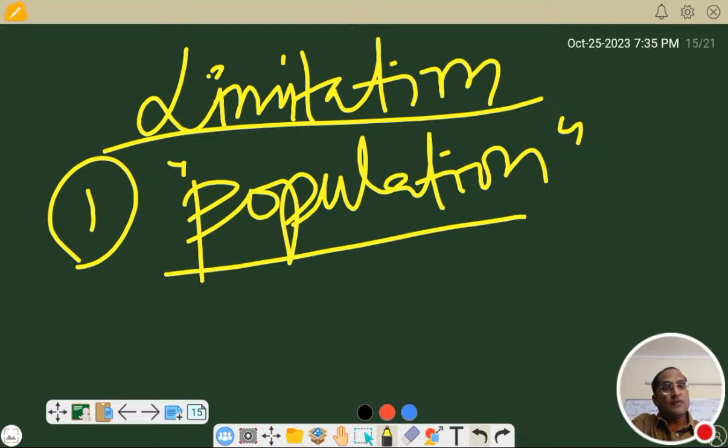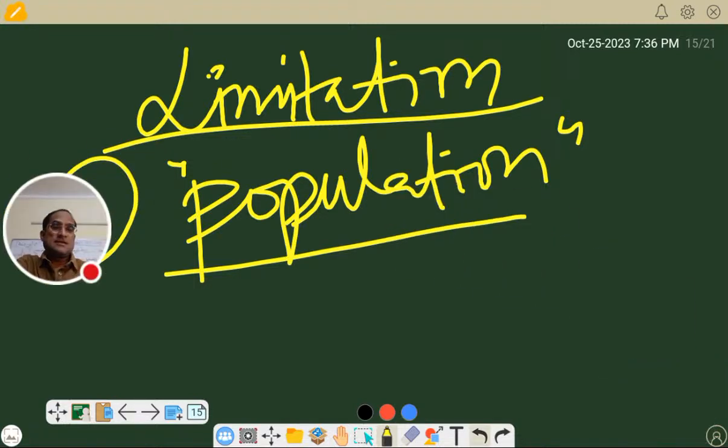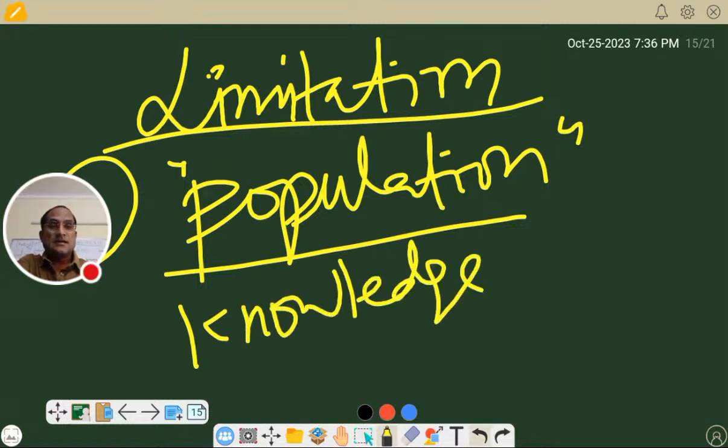Suppose we are studying why population is increasing at this rapid rate, despite the fact that people have the knowledge that a small family is a happy family.